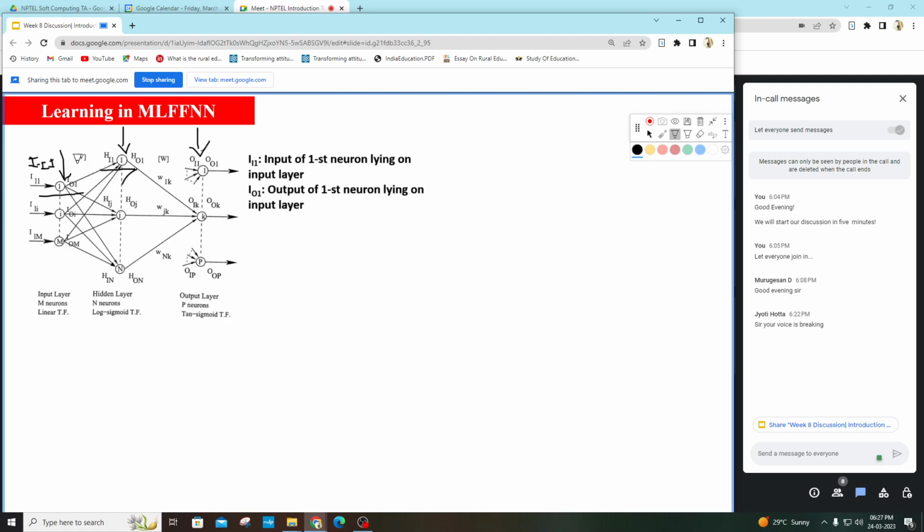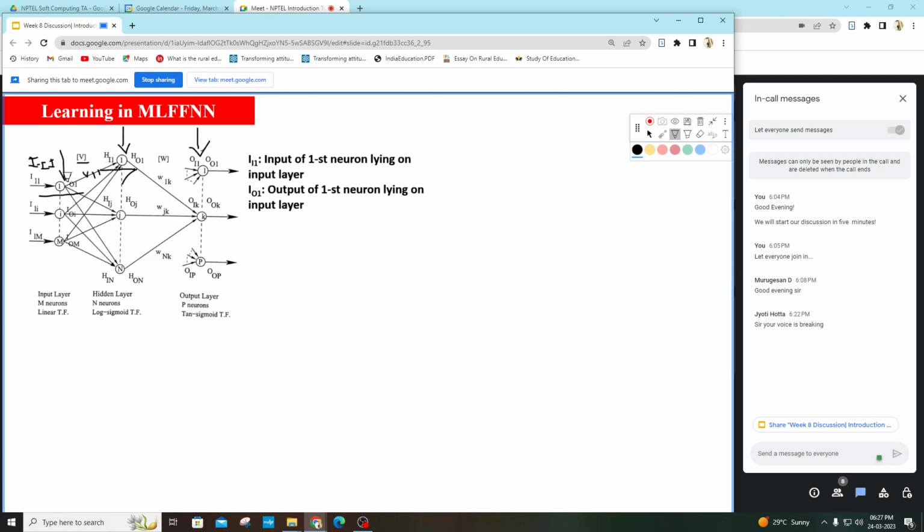This weight is denoted here by V, right? All the information of the input layer neuron is given to the hidden layer neuron by V weights. So how will we write it? We will write this as V11.